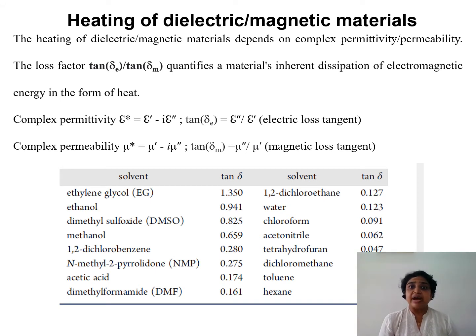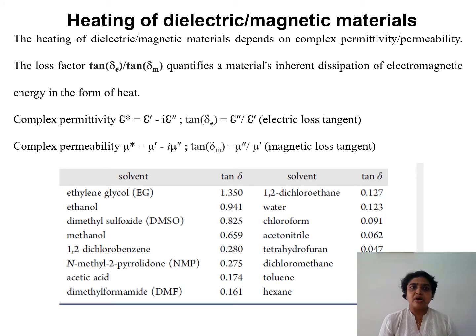So, we can define electric loss tangent in terms of, first, very shortly, complex permittivity, which can be defined as epsilon dash minus i epsilon double dash. So, electric loss tangent can be defined as epsilon double dash divided by epsilon dash. In fact, it signifies the material's ability to absorb the energy and lose it as heat inside the matrix.